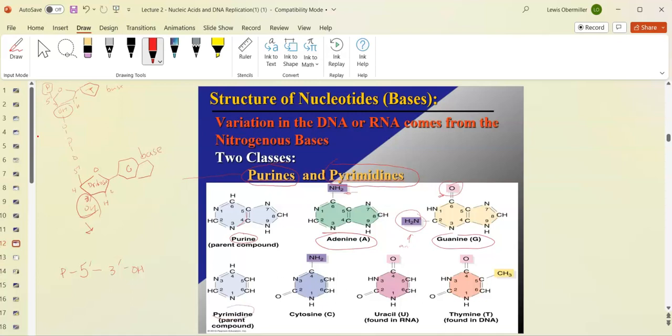And then we have pyrimidines that consist of cytosine and uracil, which remember is only found in RNA, and thymine, which is only found in DNA. Again, if we look at the difference between uracil and thymine, it's only this methyl group right here. So everything else is identical. That's why I say they're close chemical cousins.